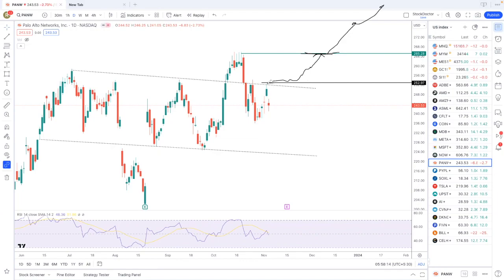If it doesn't respect this resistance and starts going down, then it can go back to this channel's bottom. So right now it is trading at 243. We need to wait for this to start trading above 253. Then only it would be advisable to take a buying decision in this stock.